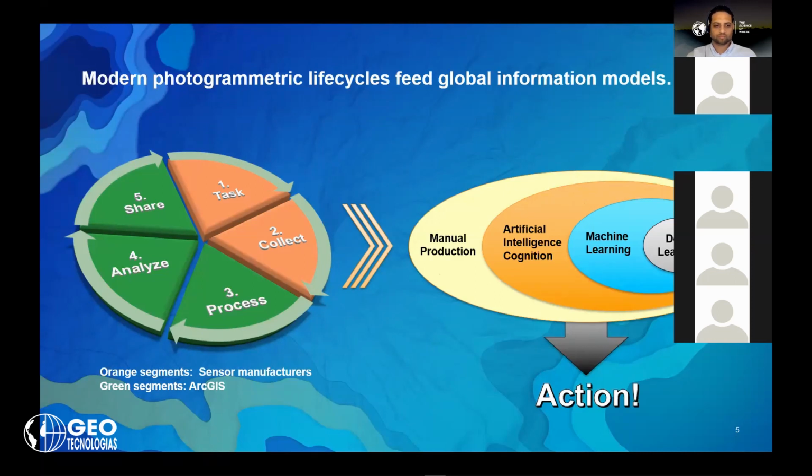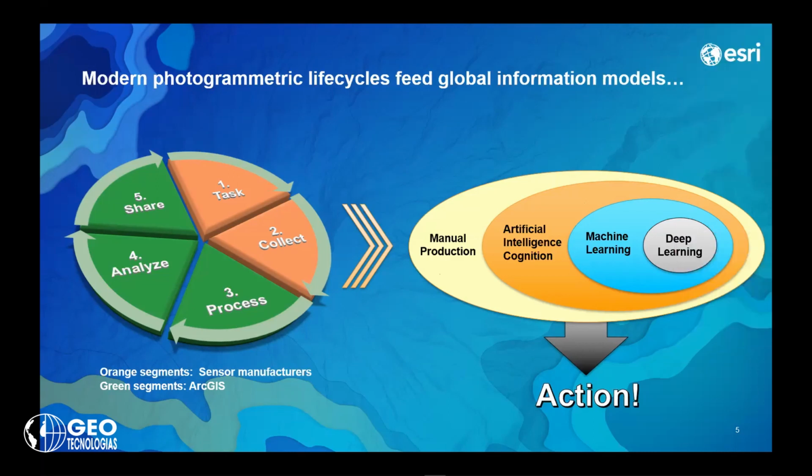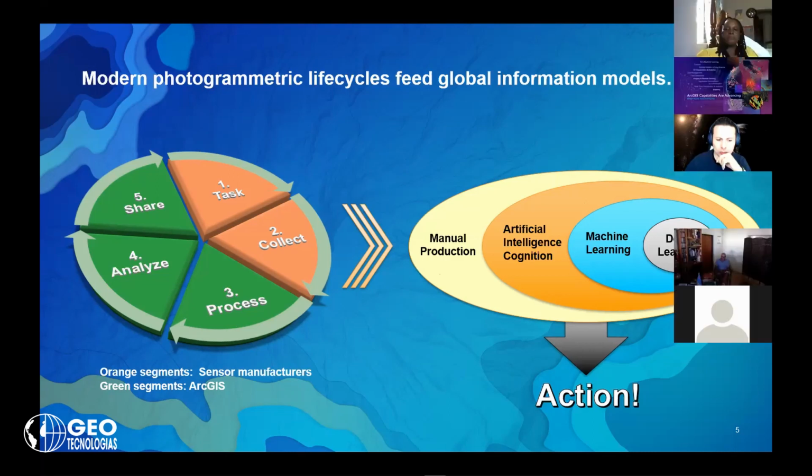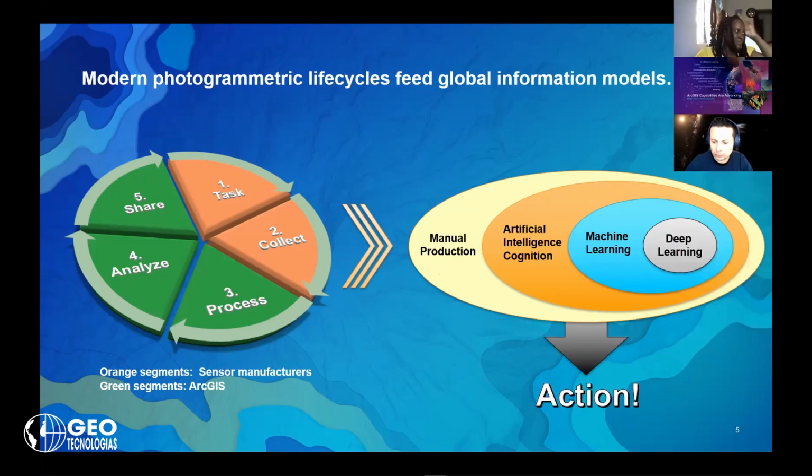Well, those manual production steps are rapidly changing into nearly completely digital and automated workflows that are moving the photogrammetric production stack from a manually labor-intensive application to a process-driven, software-driven, artificial intelligence, machine learning, and deep learning workflow.